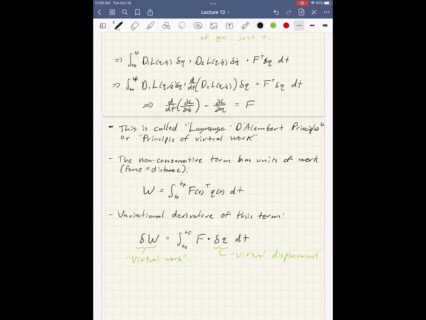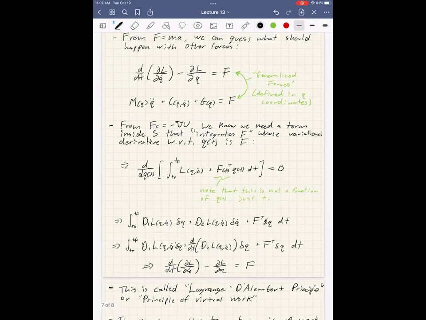Where does delta Q disappear in the second term, where you have delta Q dot? If we're taking the derivative with respect to dq, the second term that we have on the very first line above.